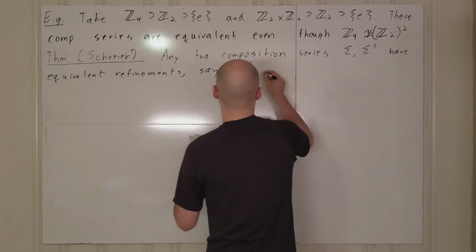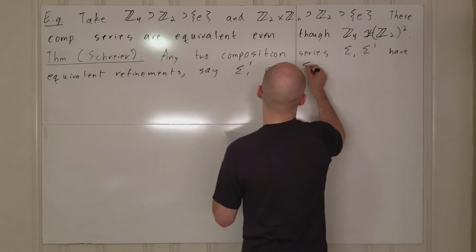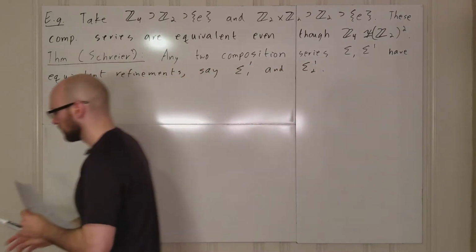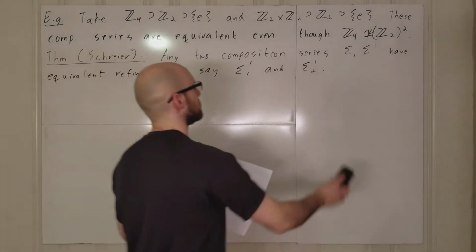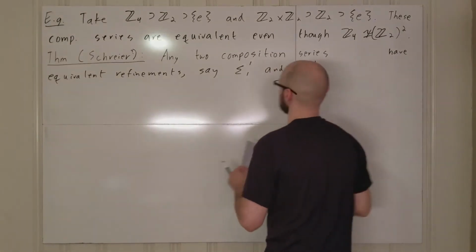Okay, so I don't want to call these sigma and sigma prime. I want to call them sigma 1 and sigma 2.